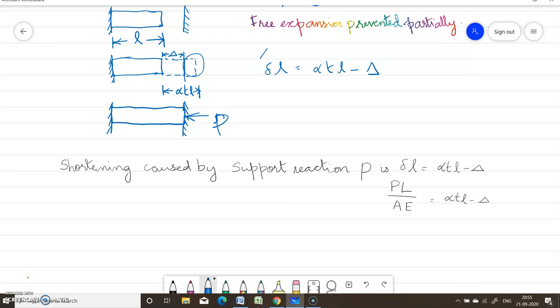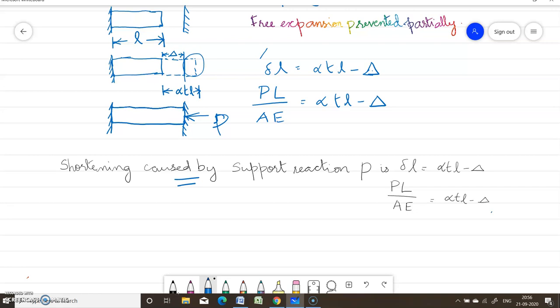So the prevented expansion delta L is equal to alpha into T into L minus delta. What is preventing this much? It is prevented by the force provided by the support reaction, that is PL by AE is equal to alpha into T into L minus delta. From which we can find the shortening caused by the support reaction P.